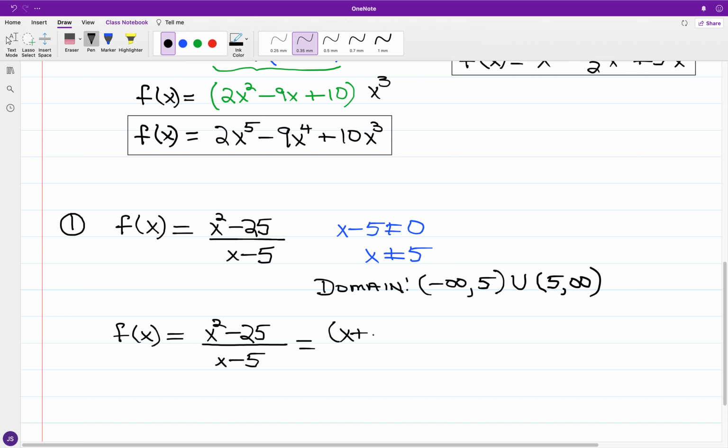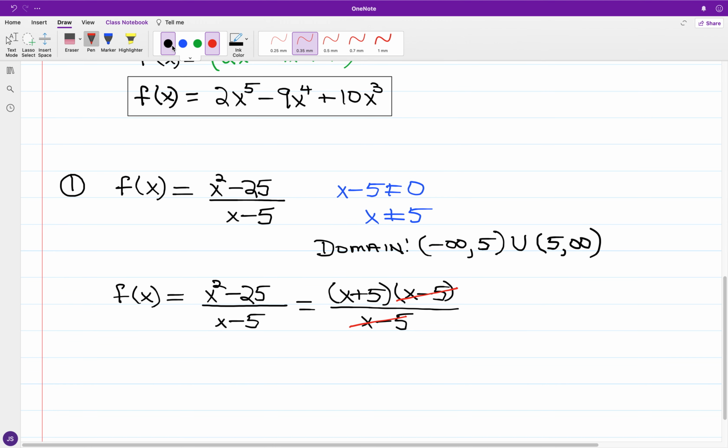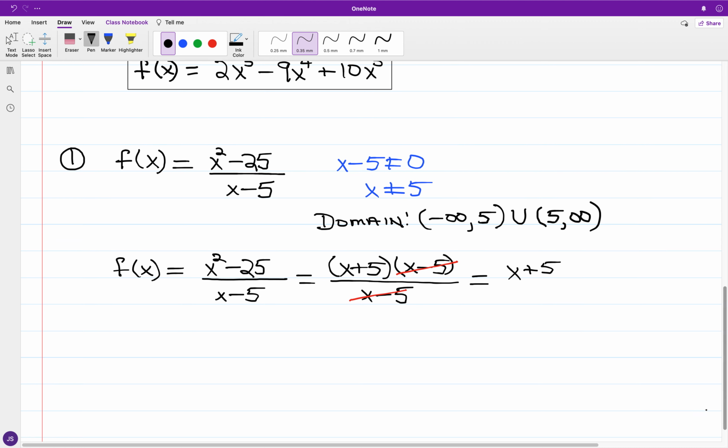Okay, we have factoring out to the quantity x plus 5 times x minus 5, and we have over x minus 5. Okay, and here x minus 5 is going to cancel out. And the reduced result is going to be f of x is equal to x plus 5.